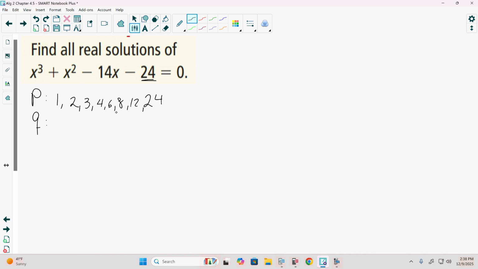Q is the factors of the leading coefficient, the number in front of our variable with the biggest exponent. Well, the number in front of x cubed is 1. We don't write it, but it's understood to be 1.